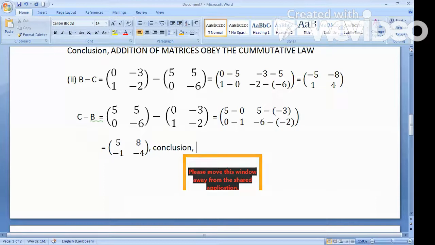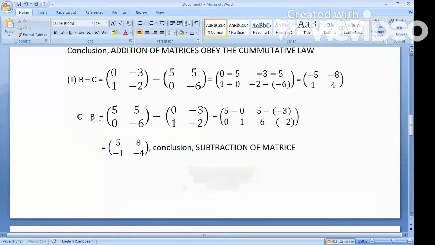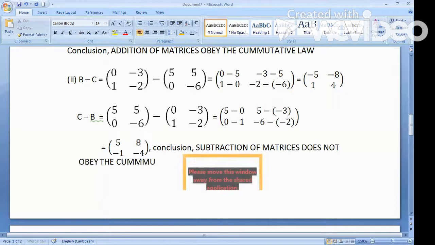That subtraction of matrices does not obey the commutative law. All right. Any questions?